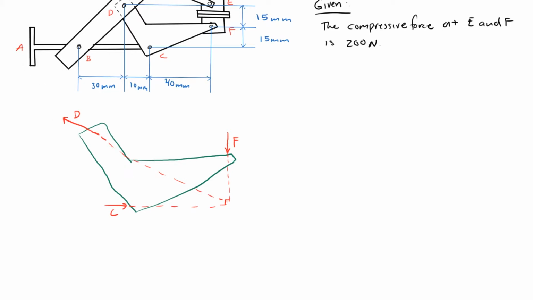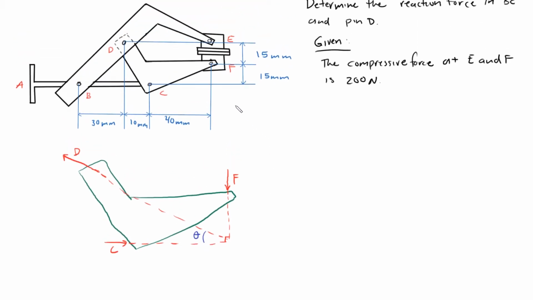Now we need to find the angle at which D is acting. This will be angle theta. We're looking at this triangle right here, and we want to find this angle theta. Let me draw that triangle.